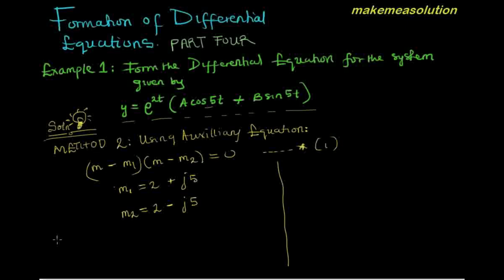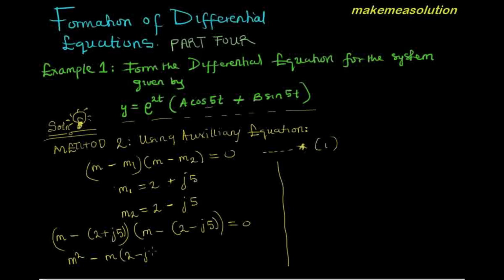So we have (m minus 2 plus j5) and (m minus 2 minus j5) equal to 0. You want to expand it like this. Then you have m squared, this times this. Then this times this is minus m into 2 minus j5.